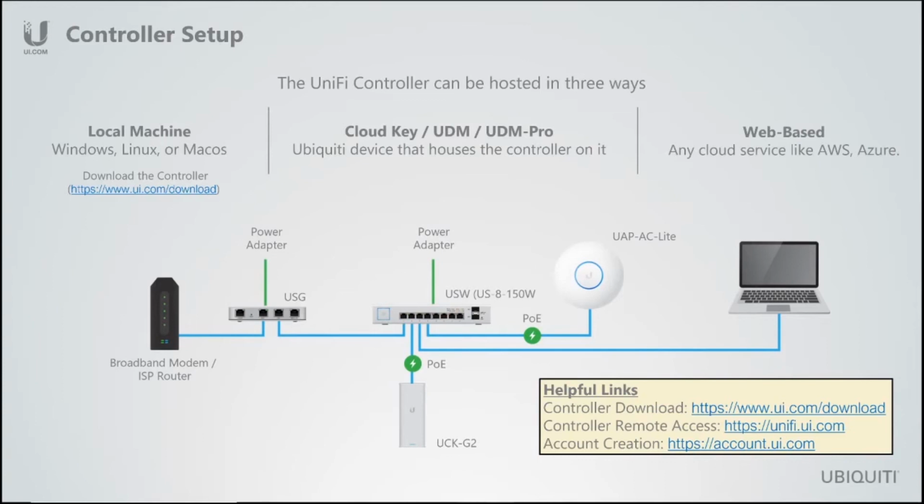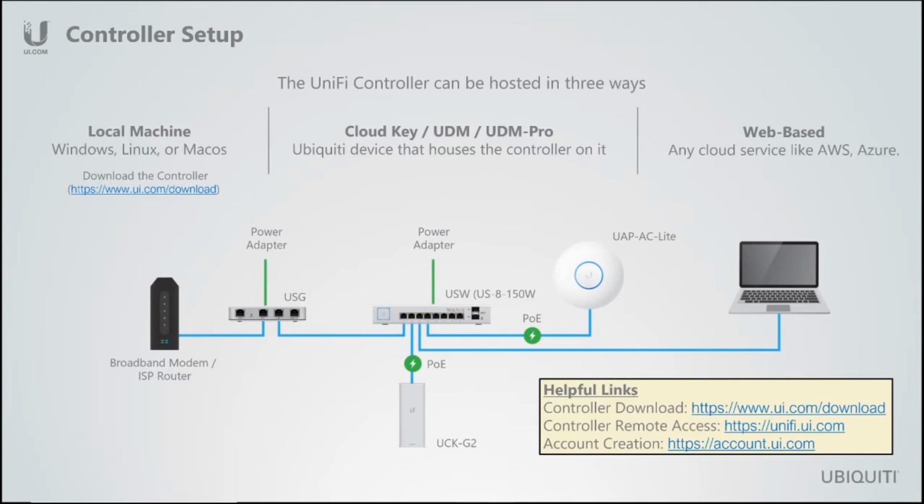You can have a separate device altogether, which we have created. These are the cloud keys, the UDM and the UDM Pro, which have the UniFi controller installed on them. You can also upload the UniFi controller if you want to have web access directly, to AWS. You can have an instance on web services like AWS and Azure, and you can access the controller from there itself.